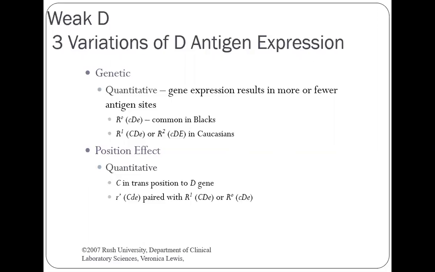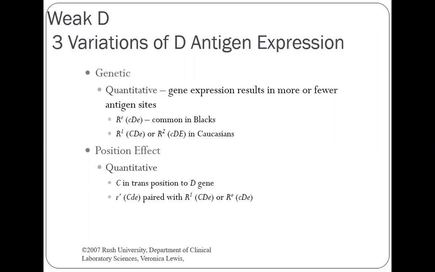Then you have a position effect. Like I told you, it depends how the genes are inherited on the chromosomes. This is also a quantitative difference because we're affecting the number of antigen sites on the red cell. So what this is talking about is having the inheritance of the C gene in a transposition to the D gene.